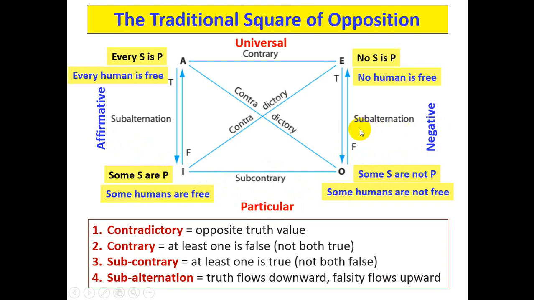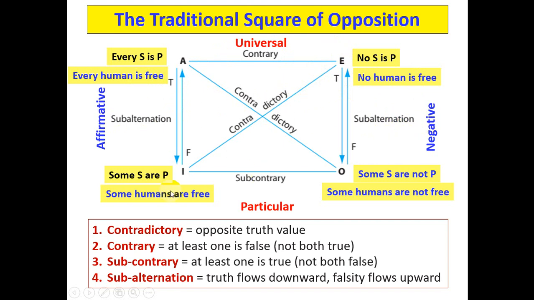Let's have some examples. Here, every S is P. Something like every human is free. This is universal affirmative. Then the opposite is no human is free. So this is form E, universal negation.